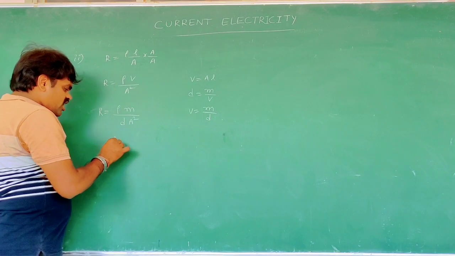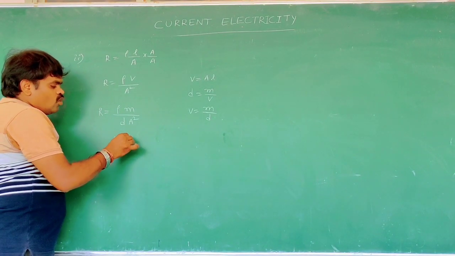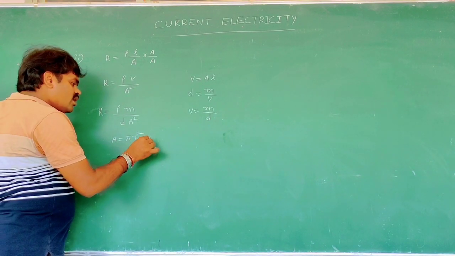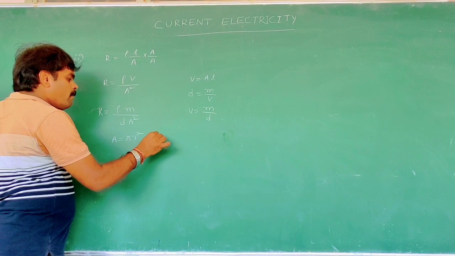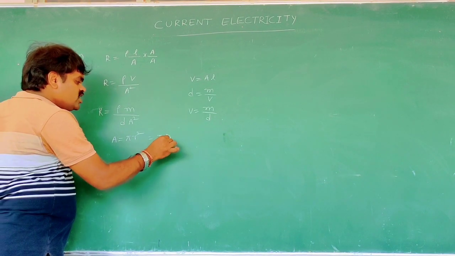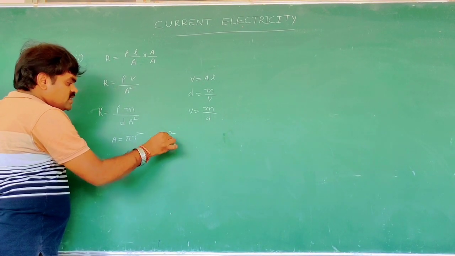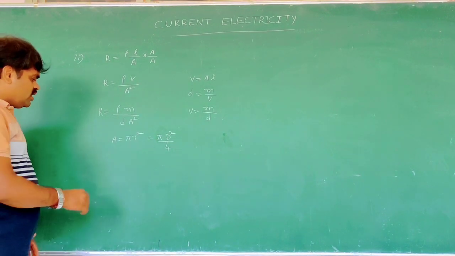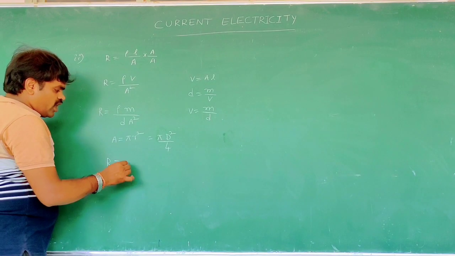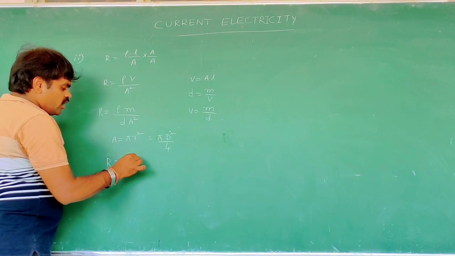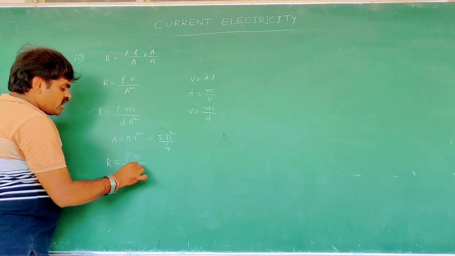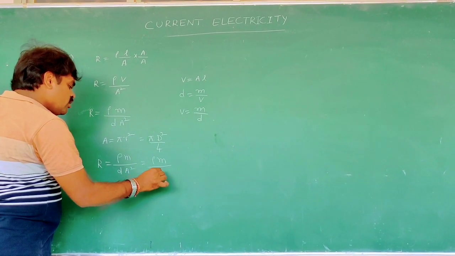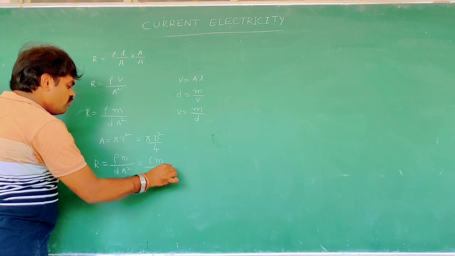Now the cross-sectional area of the conductor A is equal to pi r square, which is pi d square by 4, where d is the diameter of the conductor. That is, R is equal to rho M by d A square, which must be equal to rho M by d pi square r power of 4.